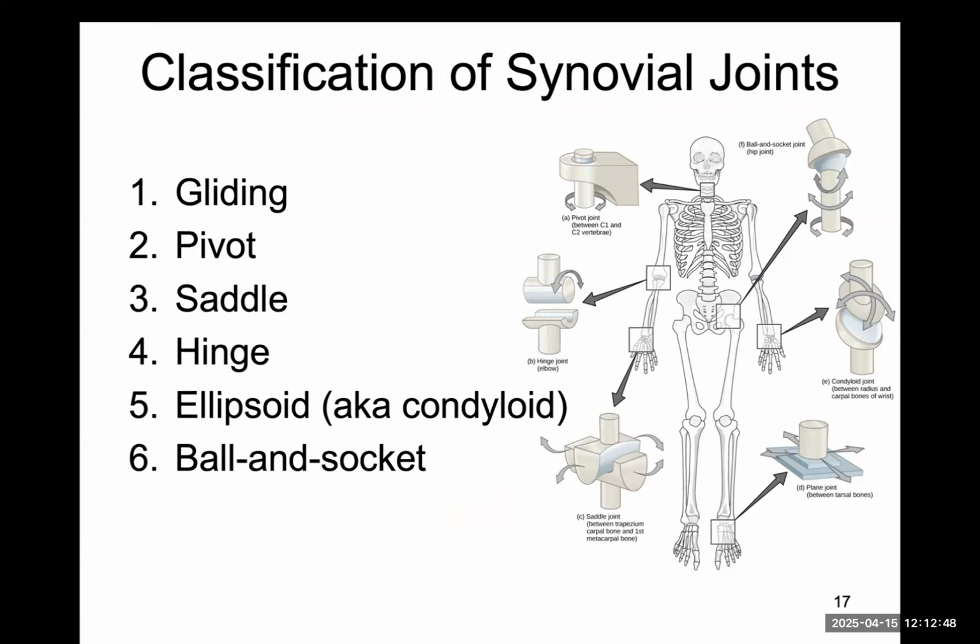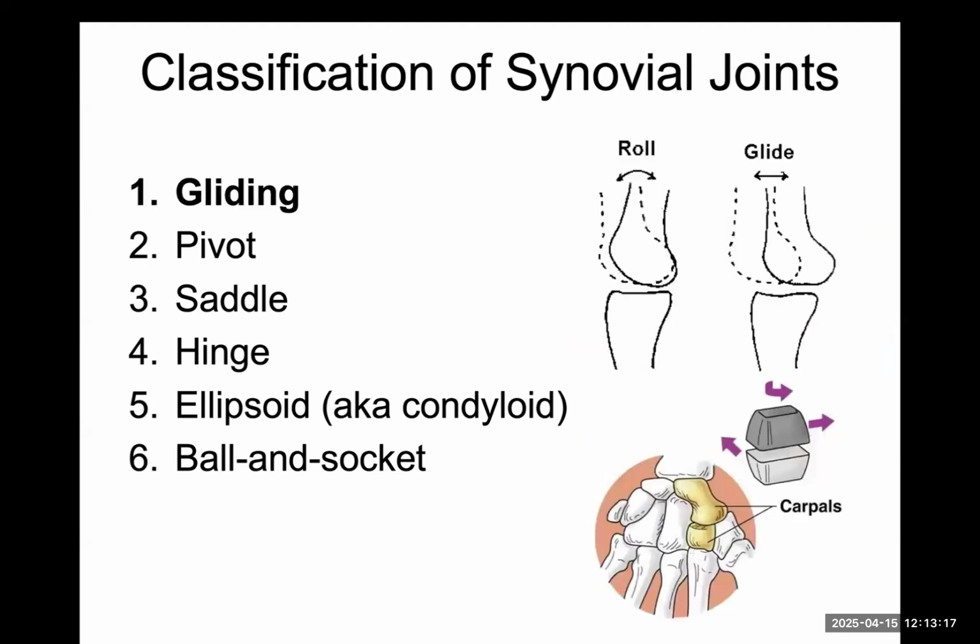Don't confuse these with the other types like cartilaginous or fibrous, because you've got many different kinds so far. Synovial joints are the only ones that have these 6 categories, and we're going to classify them. Ball and socket is probably the easiest one to understand. So we have 6 subcategories under synovial.